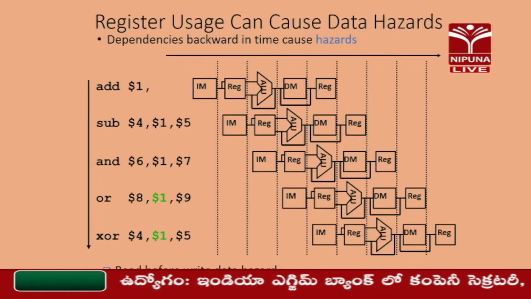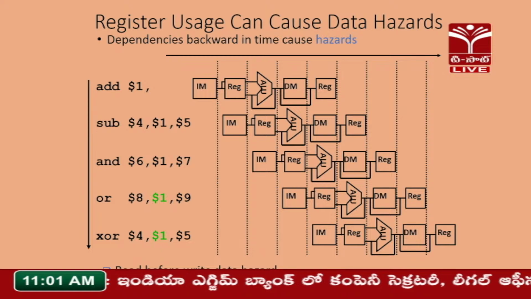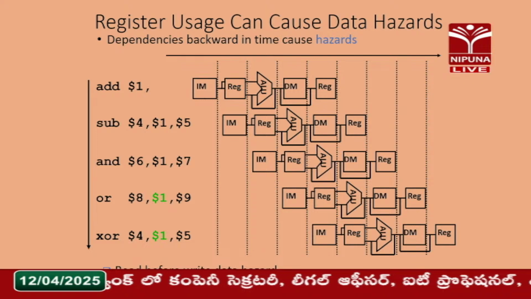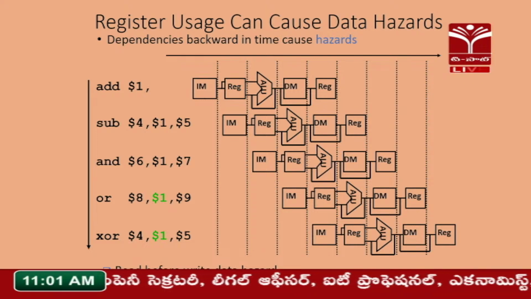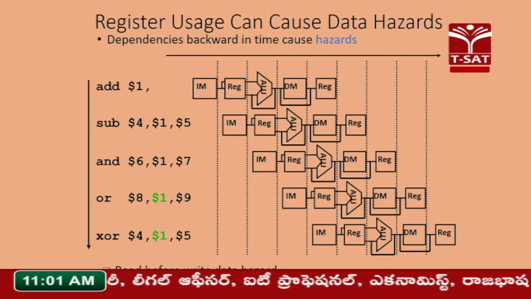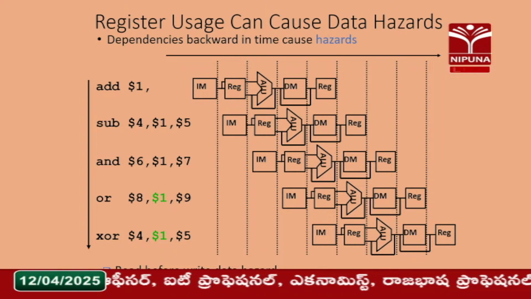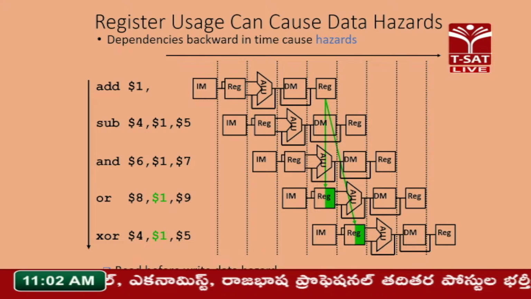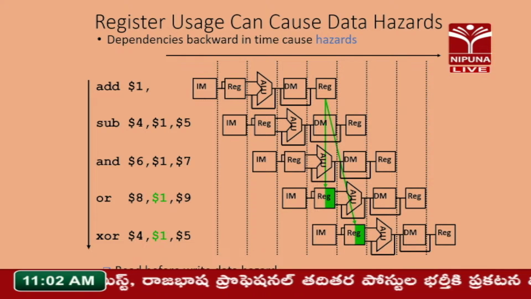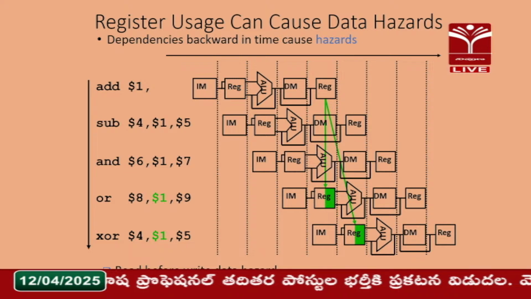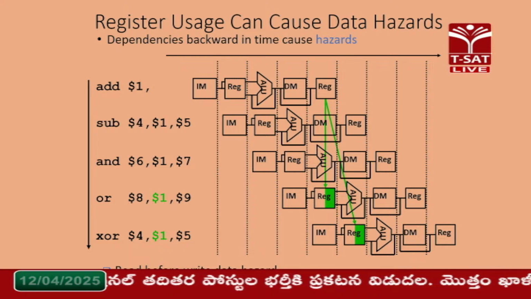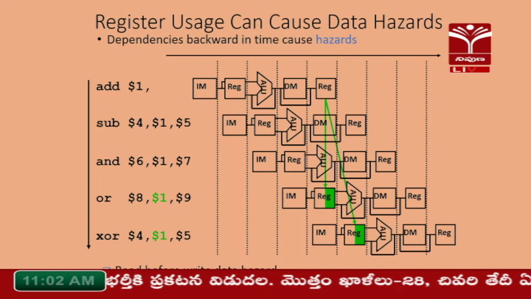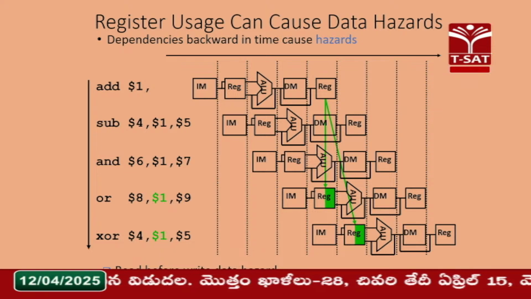If you look at the other hazards, in this case I am showing an example of an instruction that depends upon the previous instruction's data. In the first add instruction, the destination is $1. You added two numbers and the value of that add is going into register $1.